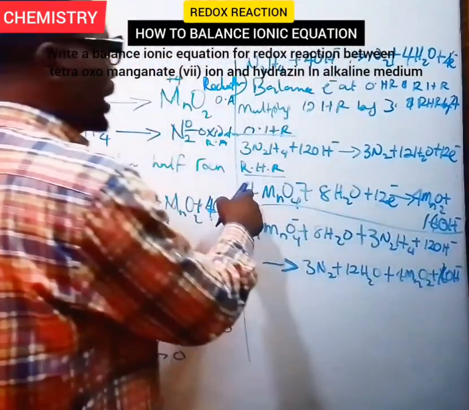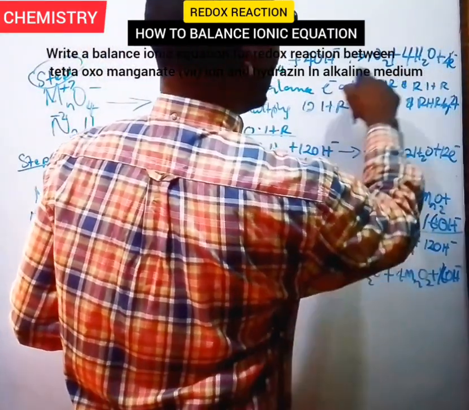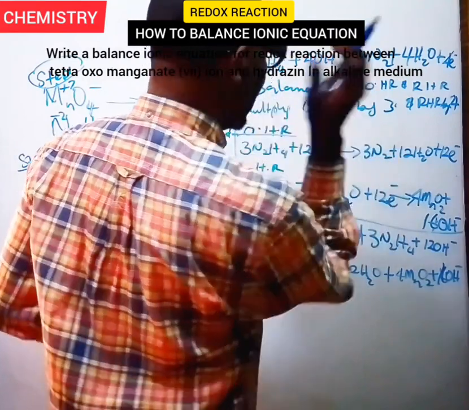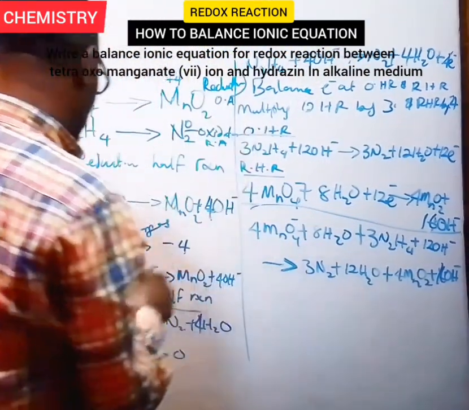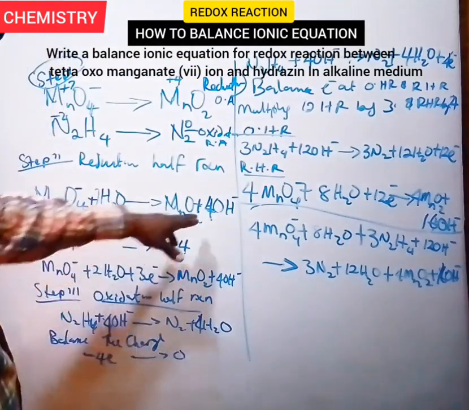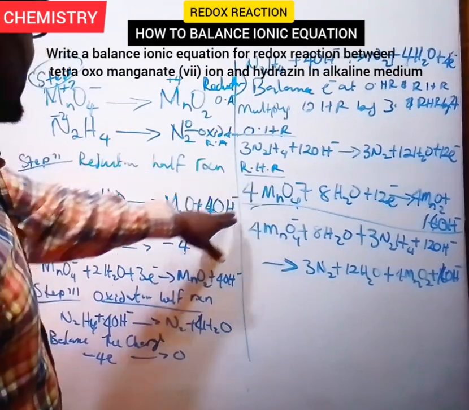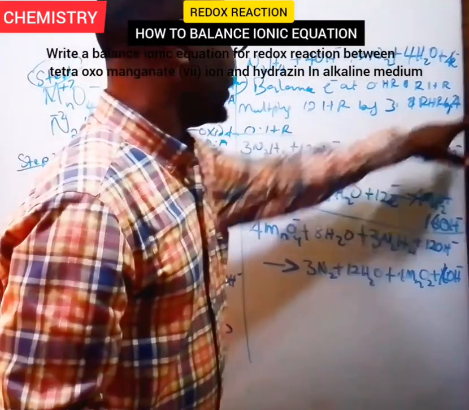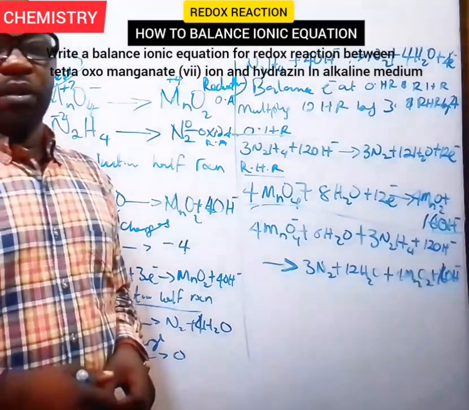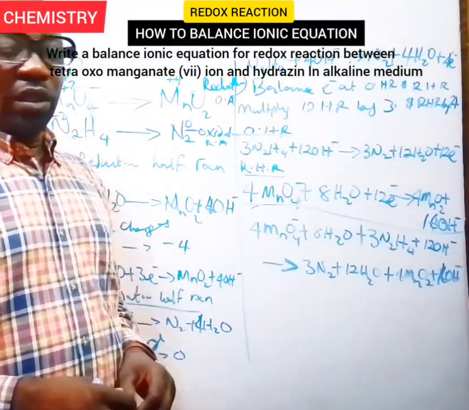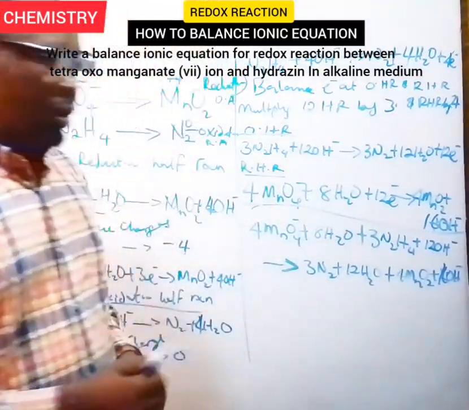We multiply everything by 4, 4 OH minus, MnO2 plus 4 OH minus. We say that we should multiply the reduction reaction by 4. It's 16 that is going to be there. This is 16 OH minus plus 12 H2O plus MnO2 like that.